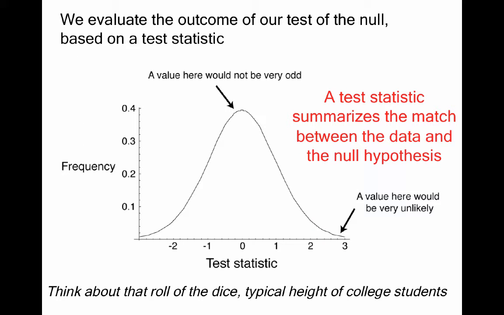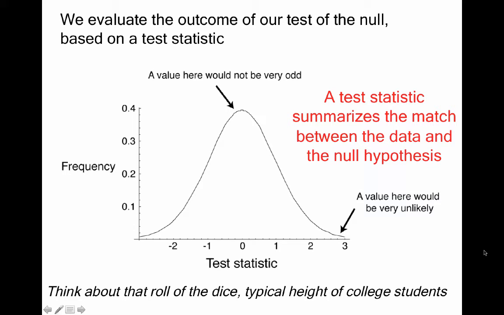Okay, so how are we going to do this? Well, imagine that the outcome of our statistical test is a number called a test statistic. What we're going to do is have in mind the distribution of that test statistic if the null is true.